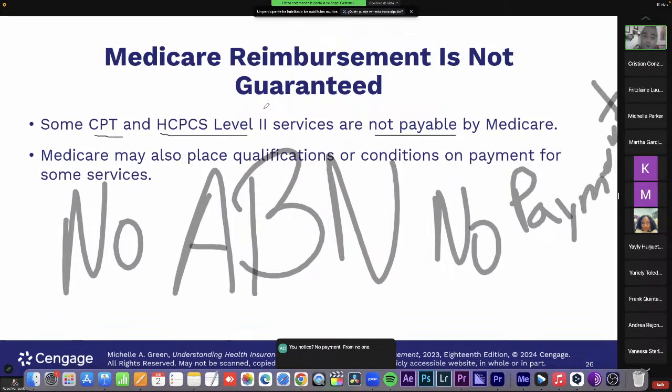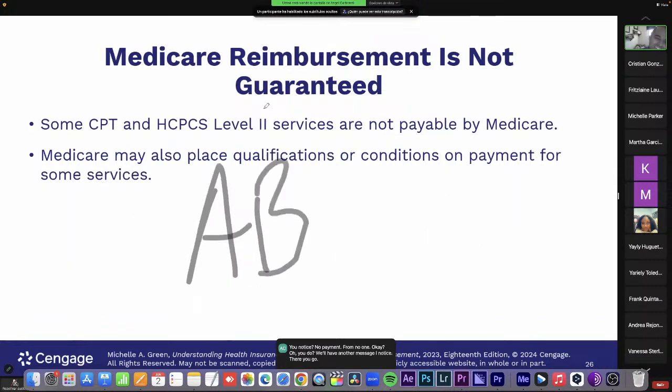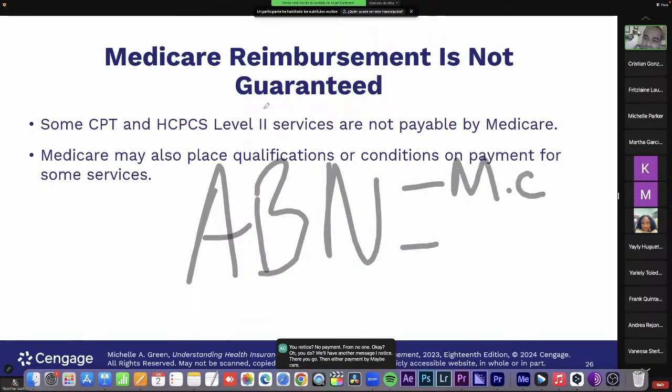Oh, you do have an advance beneficiary notice. There you go. Then payment comes either from Medicare or the patient. If you have the document and Medicare pays, good, Medicare paid, and the patient pays nothing.